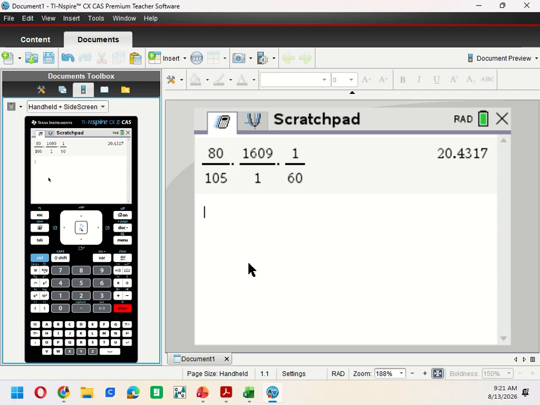So along with that, our answer is going to be 20.432. What are my units? Meters per second. There we go. Now, if you notice, AP tends to like rounding to 3 decimal points.